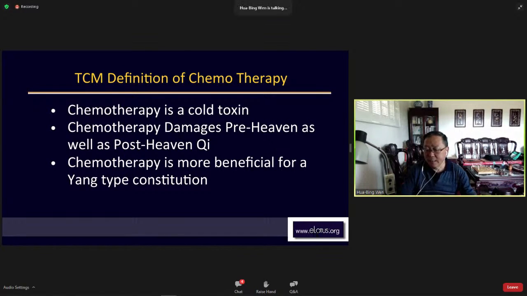So sometimes we can just look at the patient when we do the pre-chemo care. You pretty much know what they're taking, and with their constitution, okay, you can probably have a relatively easier time. The other patient, you look at the face, you feel the pulse, it's all deficiency, it's going to be trouble.